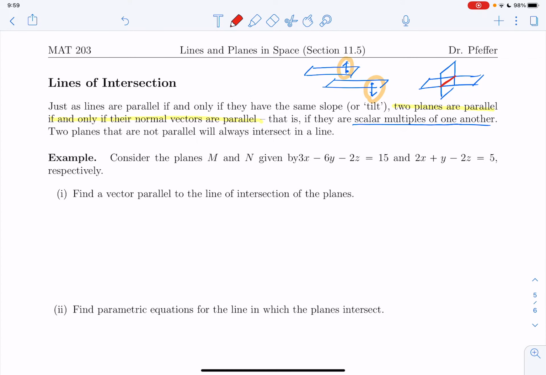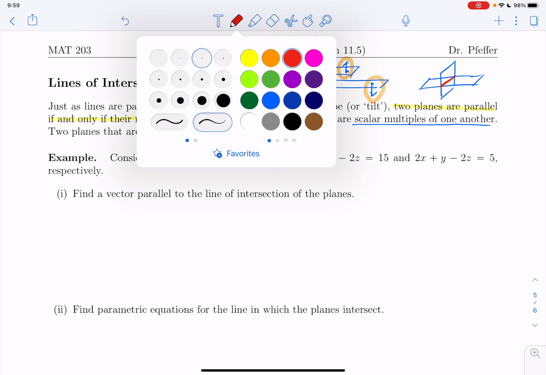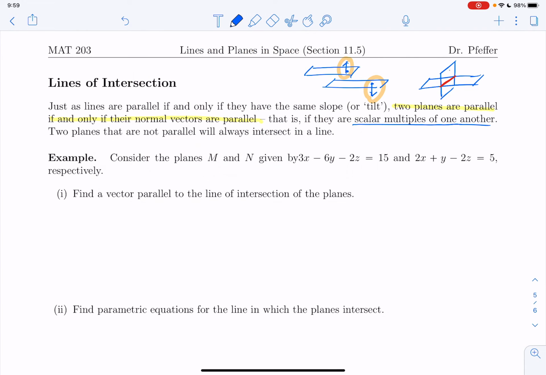Interestingly, if I had a normal vector for that plane and a normal vector for this plane, observe that this red vector coming out of the page here is orthogonal to both of the normal vectors.